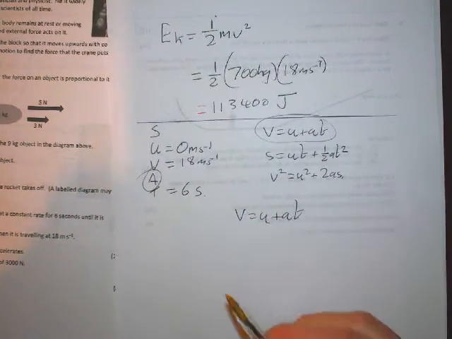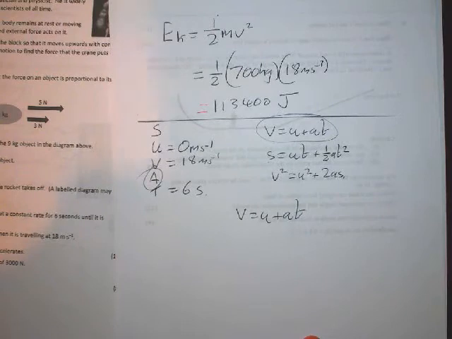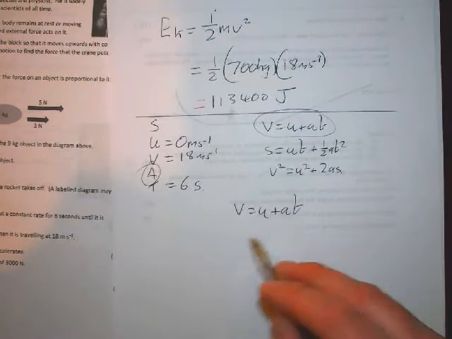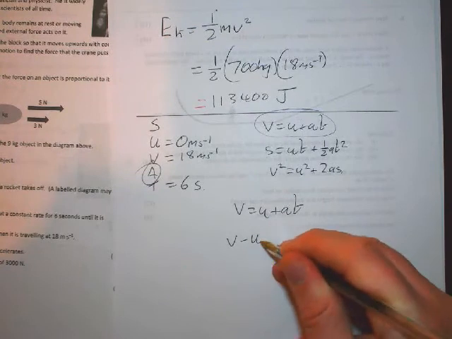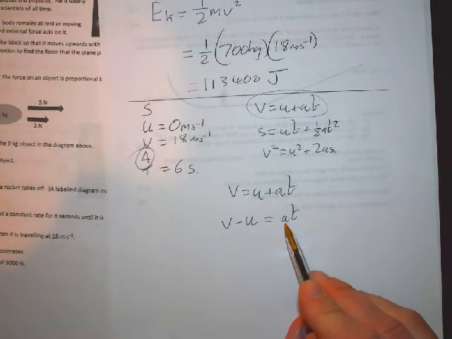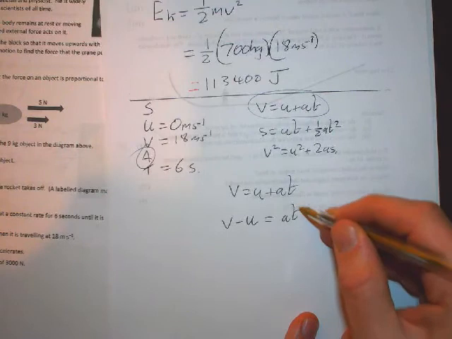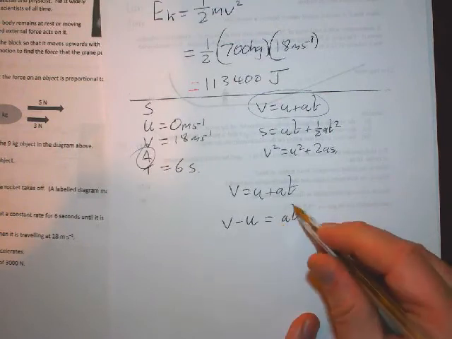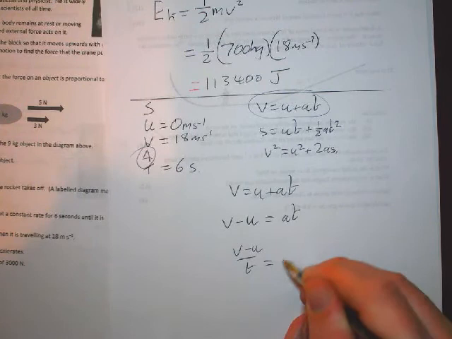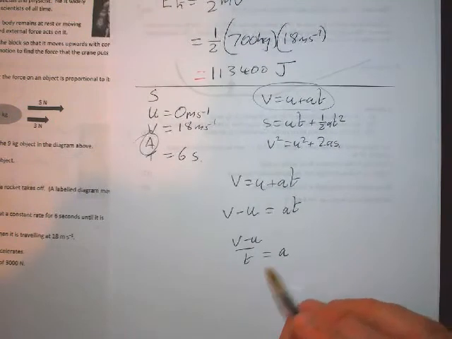So we're going to use v equals u plus at. And we're trying to find the acceleration. So we're going to rearrange this equation to get a on its own. So I'm going to bring u across first. V minus u is equal to at. And now, let's get the a on its own by bringing the t across. So v minus u over t is equal to a.